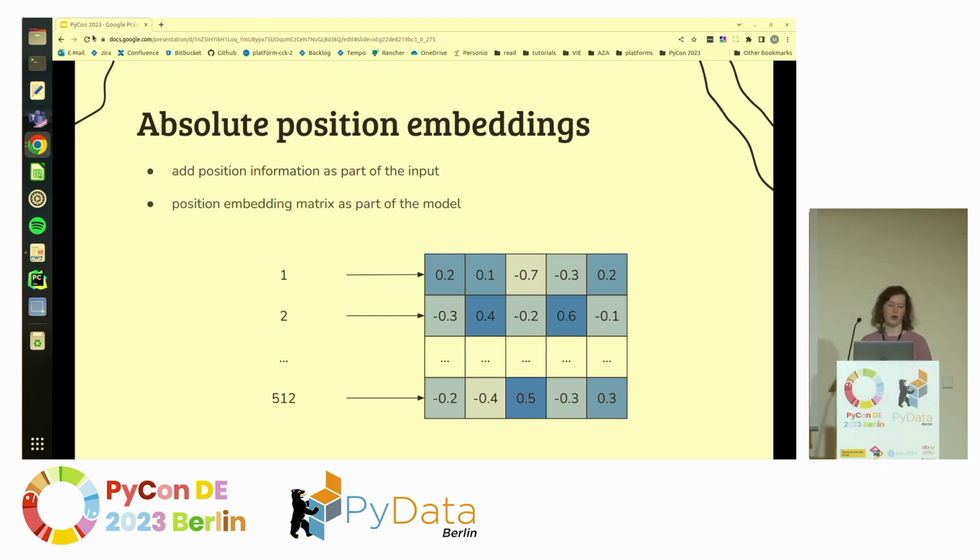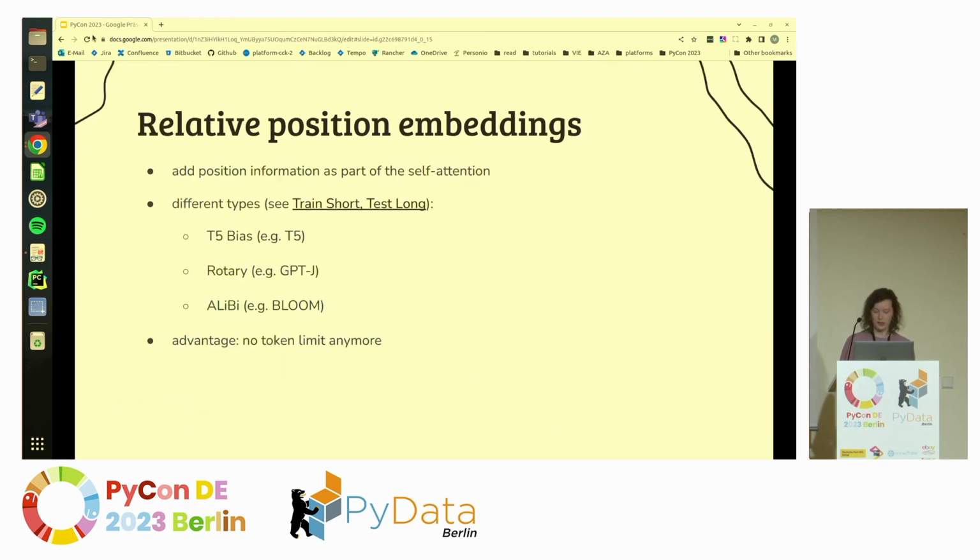So you could go on and compute these embeddings for higher positions than 512. But I linked here this paper, Train Short, Test Long, which also compared these sinusoidal embeddings. And the truth is, it doesn't crash, but it generalizes very badly to longer sequences. So you can use it, but the performance will be bad.